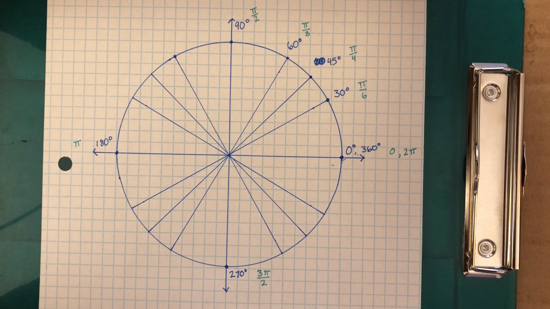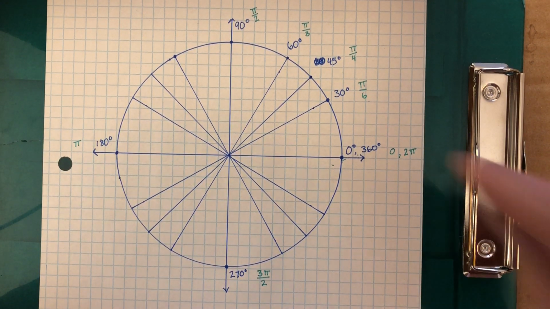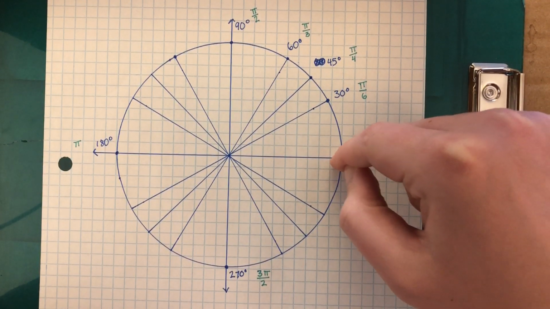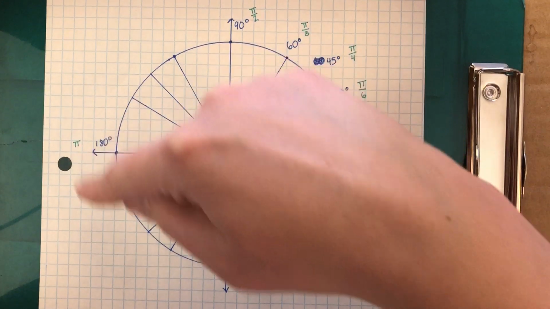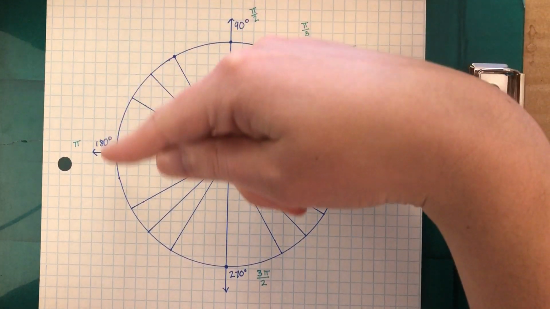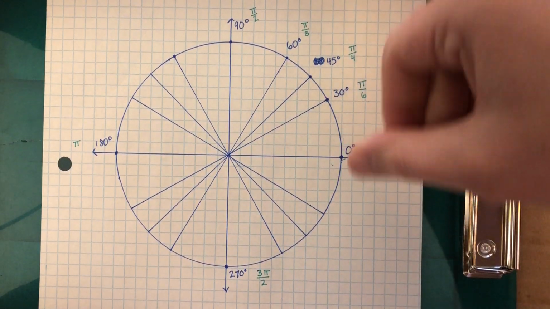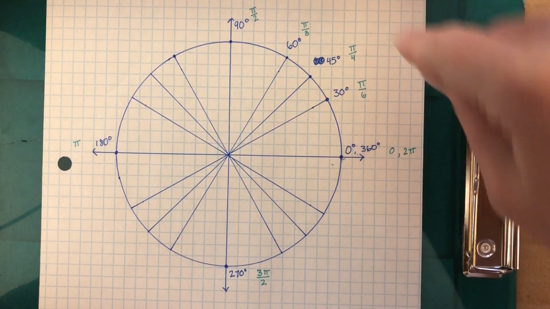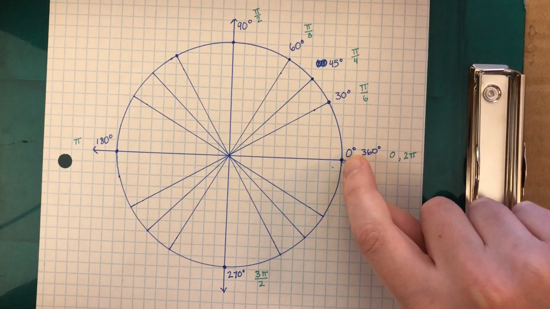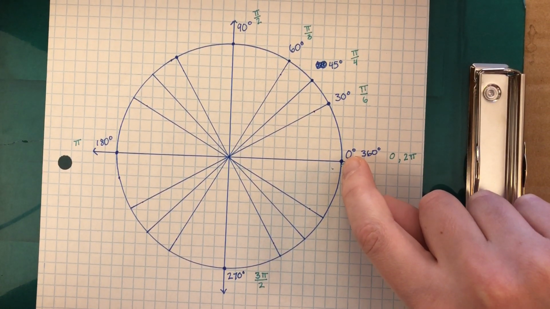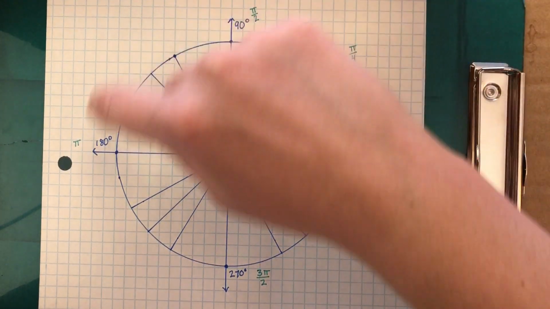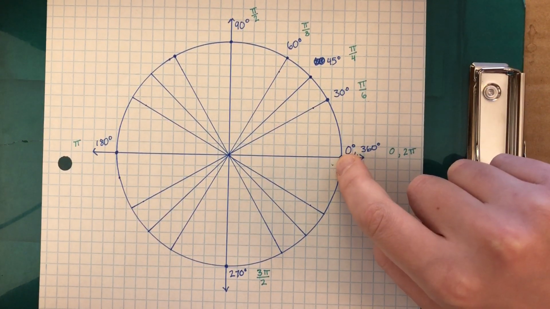An angle describes, if you start at the positive x-axis and you walk counterclockwise, how far do you need to go to get to a certain point? So for this point, we could just stay right there and not move at all. Or we could also arrive at this point by taking one entire lap of the circle.